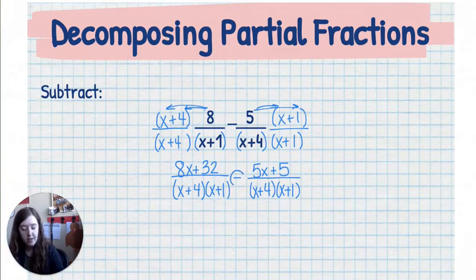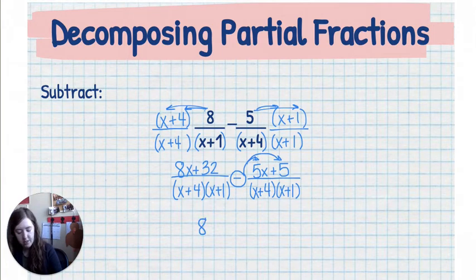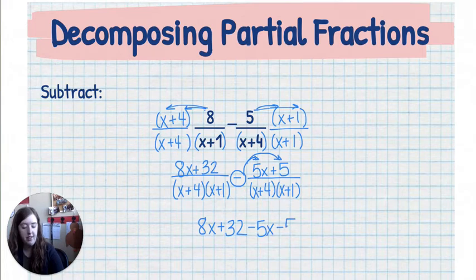Now remember, we're subtracting this entire fraction, so that negative needs to go to both our 5x and our 5. So this is really 8x plus 32 minus 5x minus 5 in our numerator, over that common denominator of x plus 4, x plus 1.